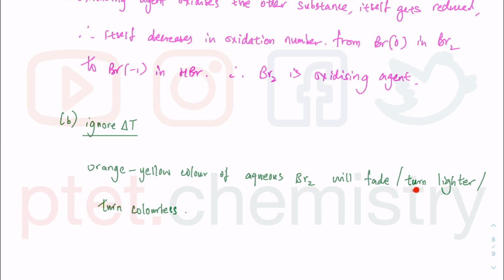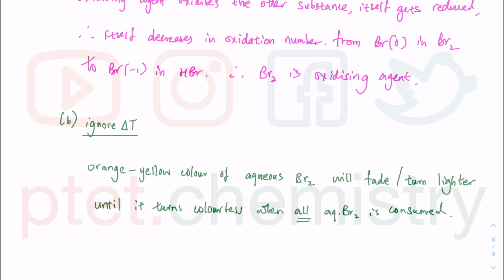So the color will get lighter and lighter until it turns colorless when all the aqueous Br2 is consumed or used up. Because if the aqueous Br2 is present in excess, then obviously you will still see a color at the end of the reaction.